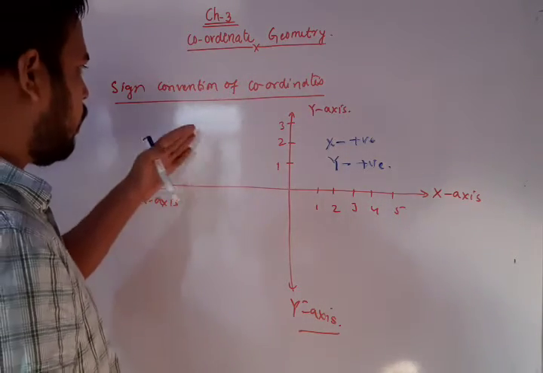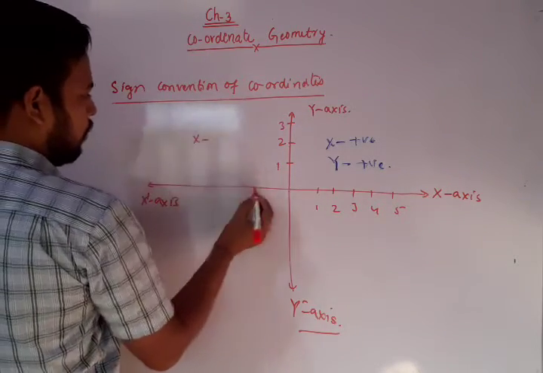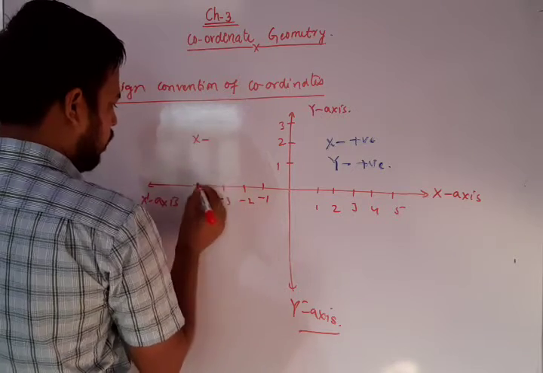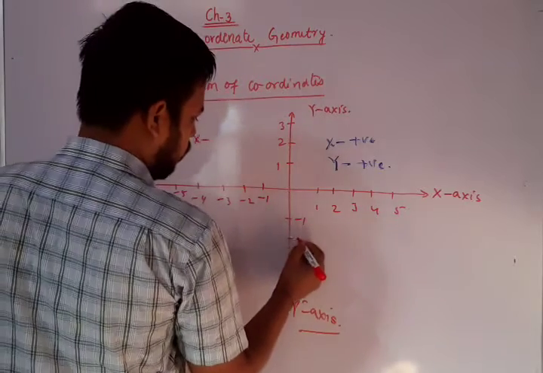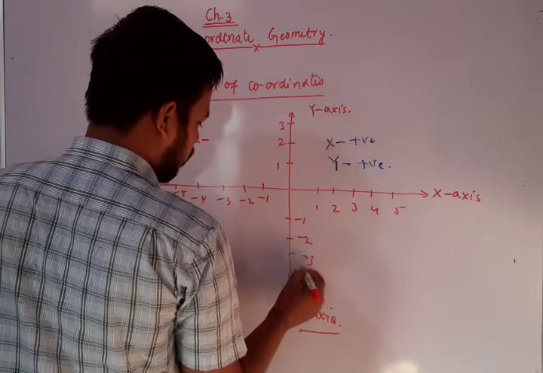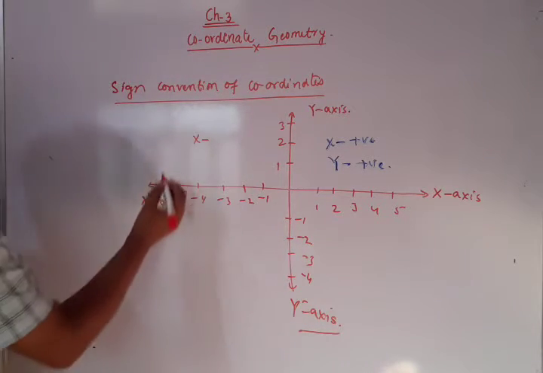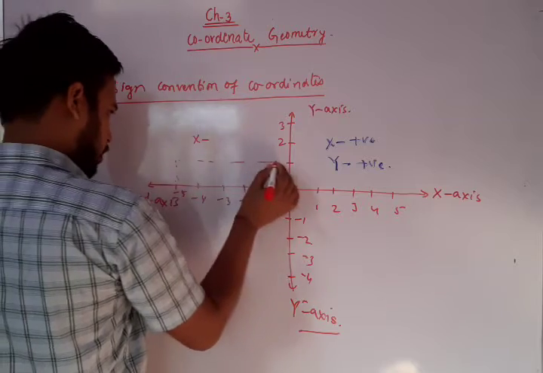Here in this section x will be negative. Why? -1, -2, -3, -4, -5. You take any coordinates. Suppose I have taken one here. So this will be x and this will be y.